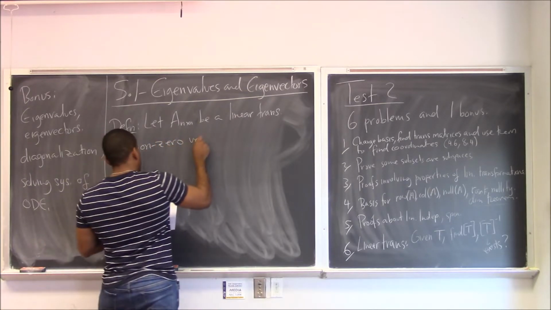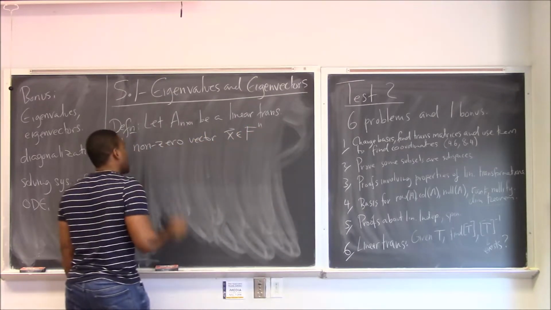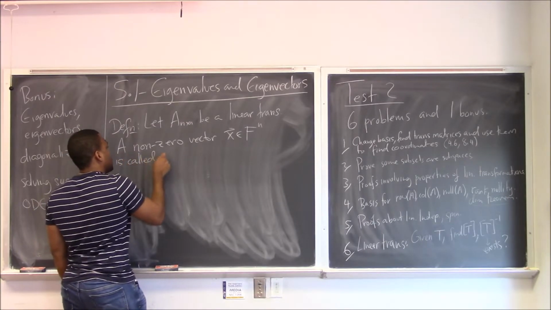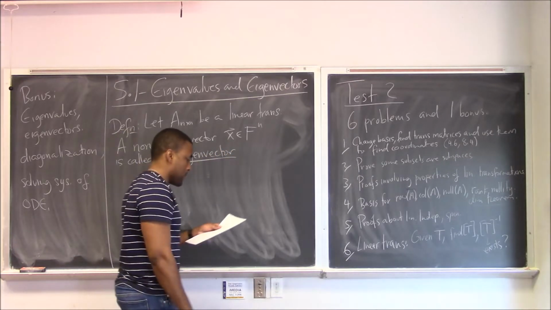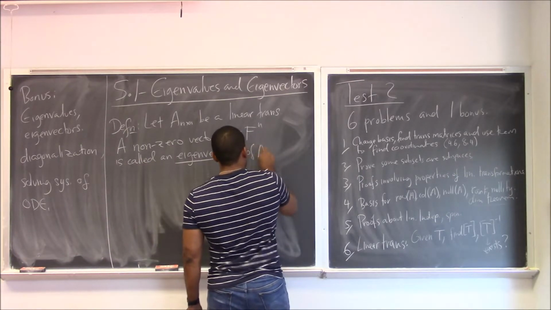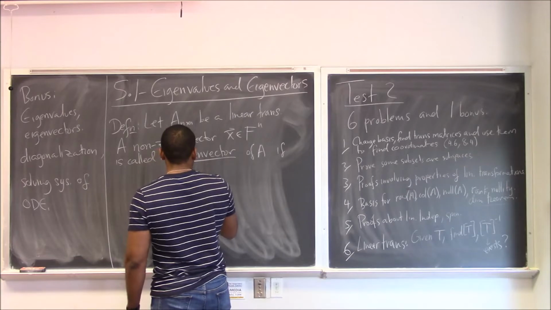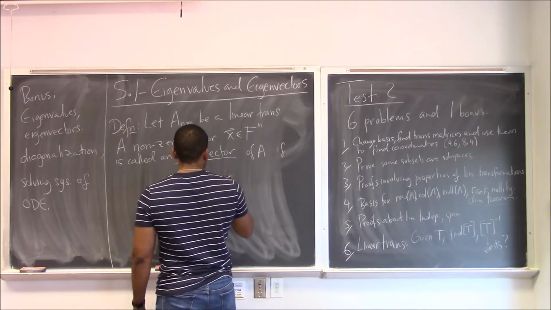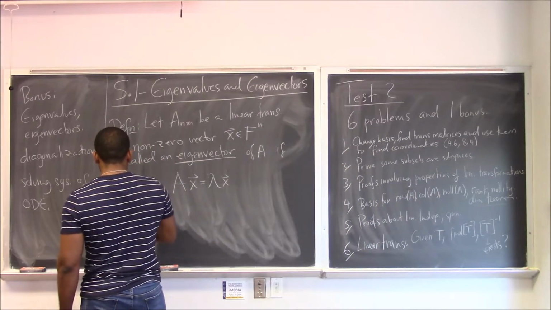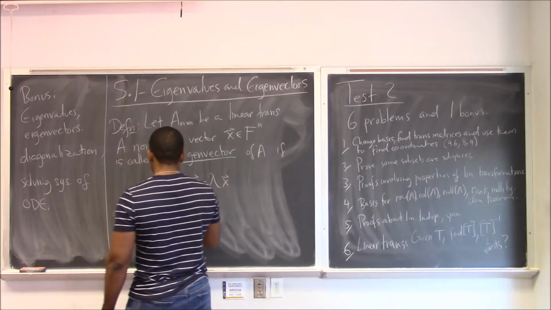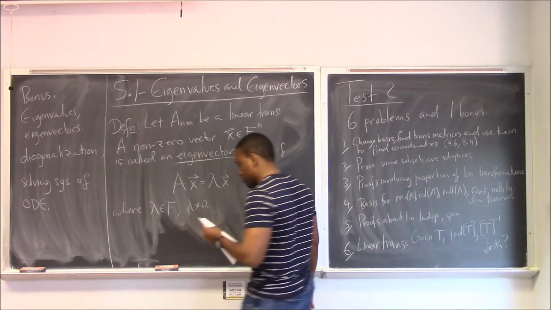A non-zero vector x in F^n is called an eigenvector of A if A times x equals lambda times x, where lambda is a scalar, it's in your field F, and hopefully it's not 0.